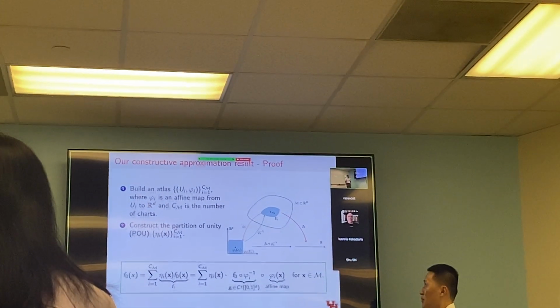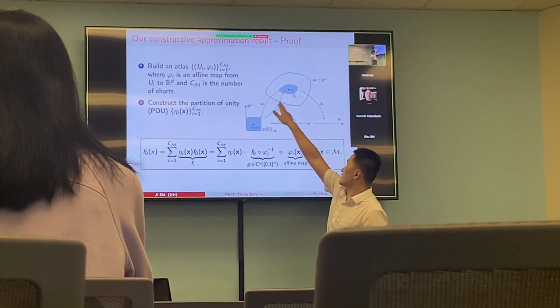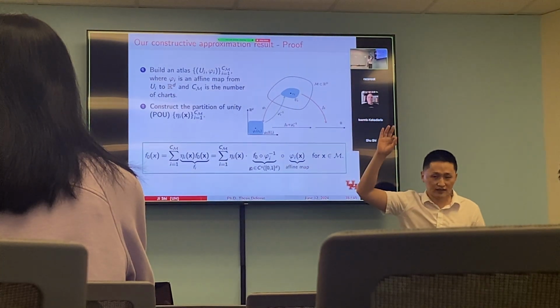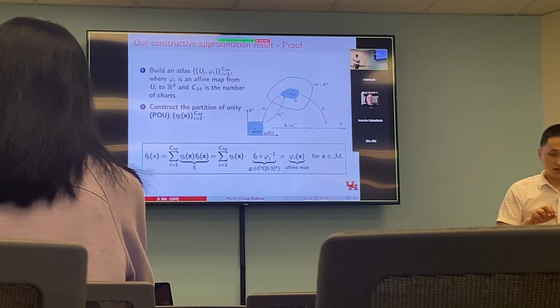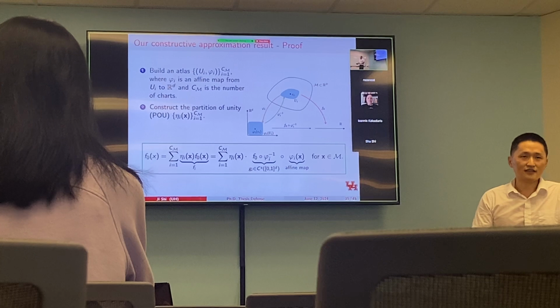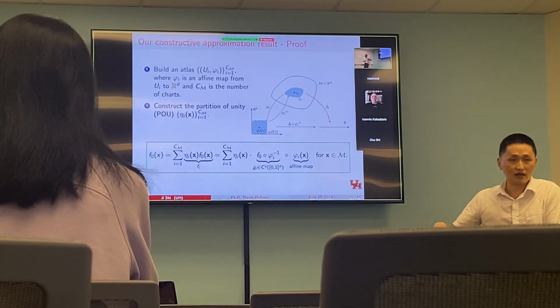Just keep in mind that the domain of this phi_i is U_i instead of the entire manifold. But if you construct a neural network, the constructed neural network doesn't know the domain of this phi_i is U_i. It will work on the entire manifold.